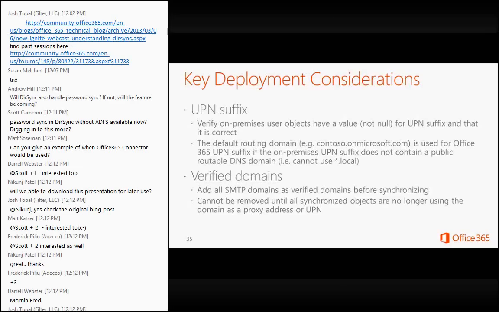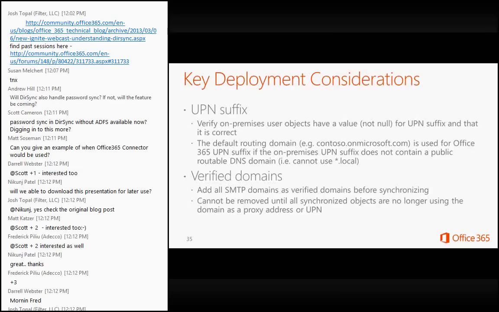So the UPN piece comes back to accessing the workloads within Office 365. For any of the workloads that we access, Exchange for example, we require the UPN. So you need to make sure that the UPN is configured inside the objects in Active Directory. What you configure that to is down to the business.